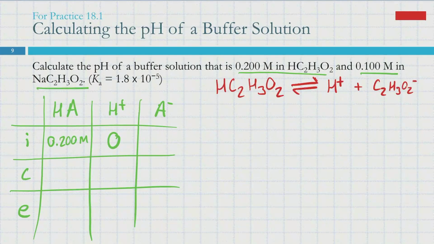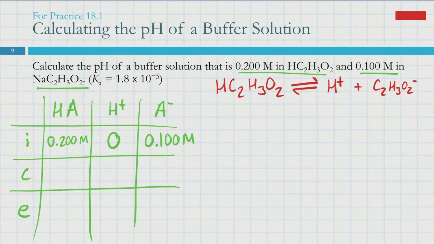And for our A minus, that's our acetate ion, we've got 0.100 molar. Which direction is our equilibrium going to move initially? Is it going to move left to right or right to left? It's going to be left to right. We don't have any H plus, and so we can't move in the left direction.